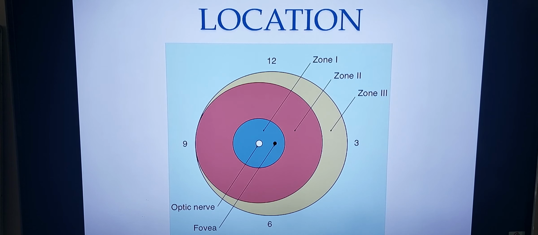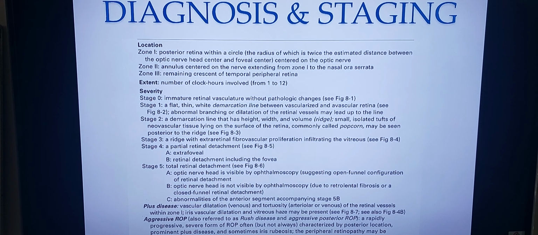So in general, if the disease is lying in zone 1, usually you have to treat it. And if it lies in zone 3, you may or may not have to treat it, depending on the severity of the disease. Now, the second point was the extent. It's pretty simple.